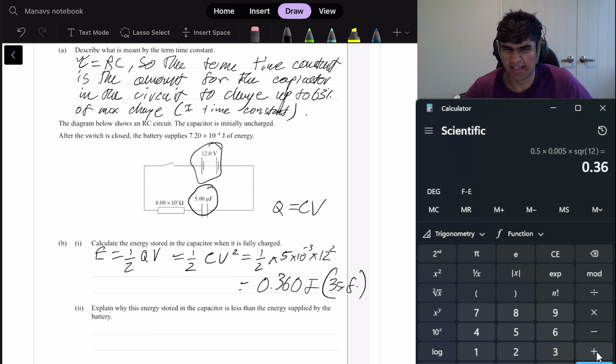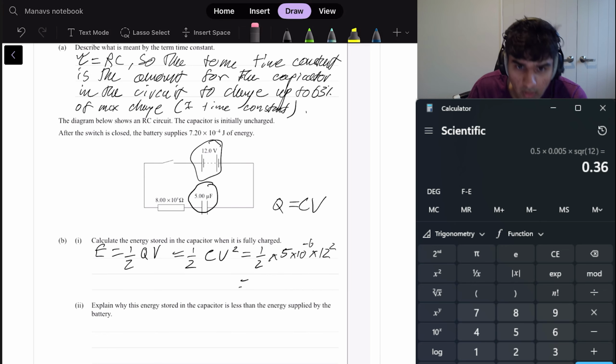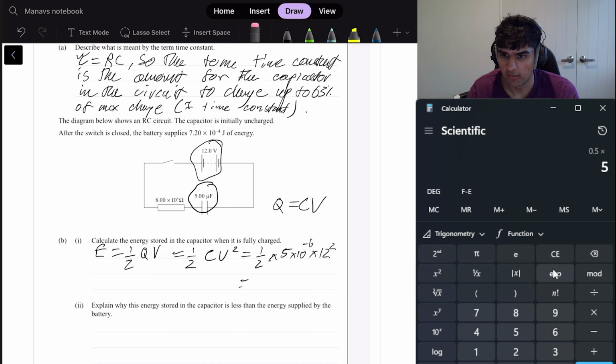Micro. So 5 times 10 to the negative 6 times 12 squared. Okay, so that is smaller: 0.00036 joules. Yep.